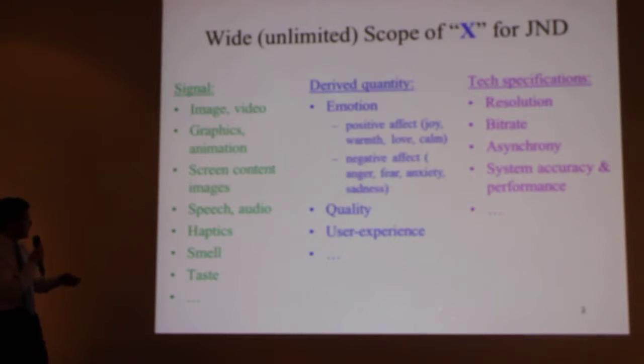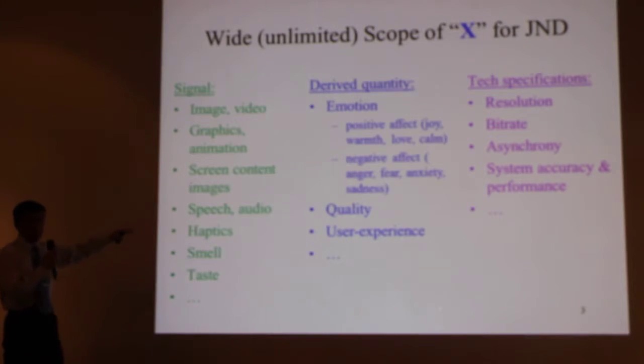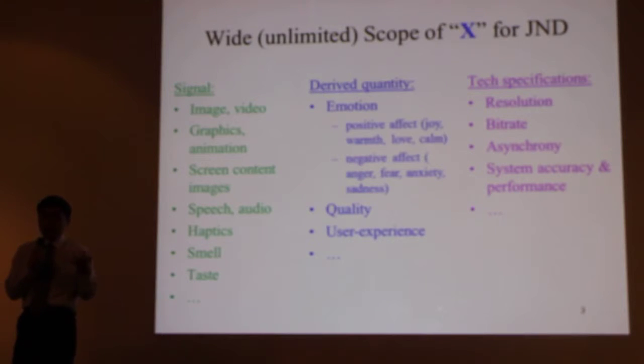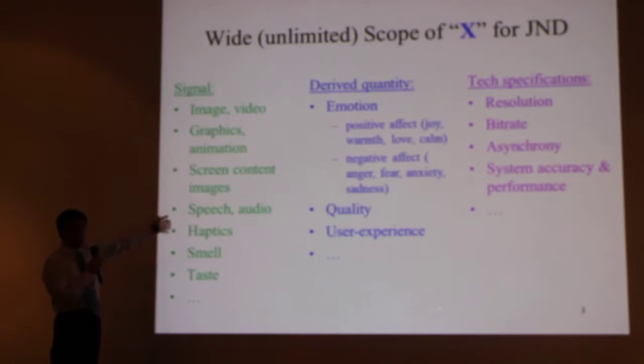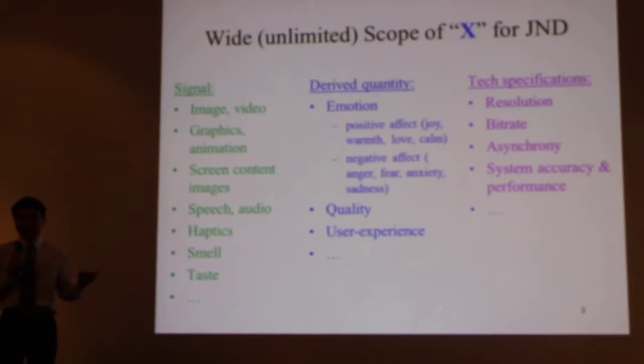Increasingly, we have screen content images, which are a combination of graphics, text, and naturally captured images. Then speech and audio, we can do JND. Haptics, smell, and taste are also kinds of signals for which we can have JND measurement and calculation.